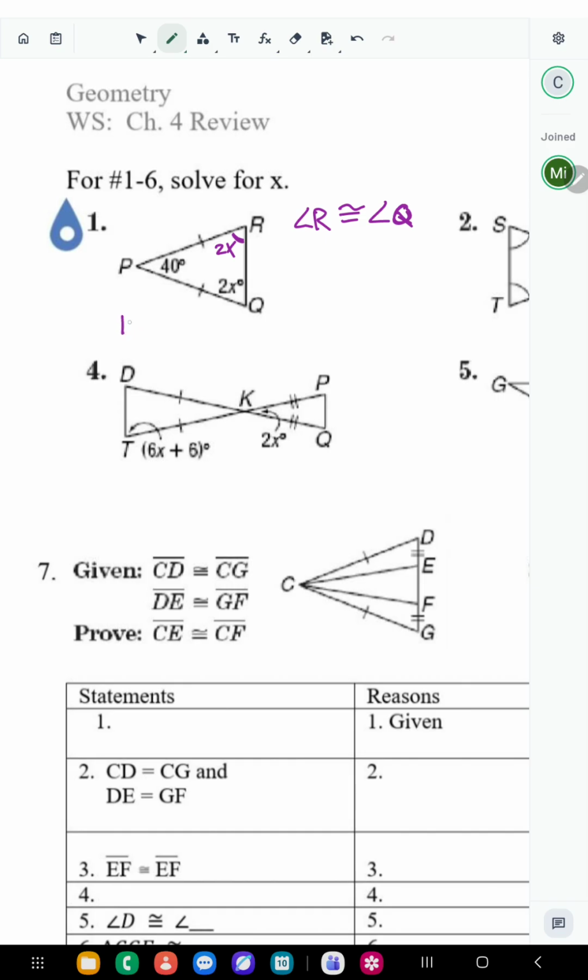So that means 140 degrees plus 2x plus 2x equals 180 degrees. So 4x equals 180 minus 140, which is 40 degrees. So 4x equals 40, divided by 4. So x here is equal to 10.